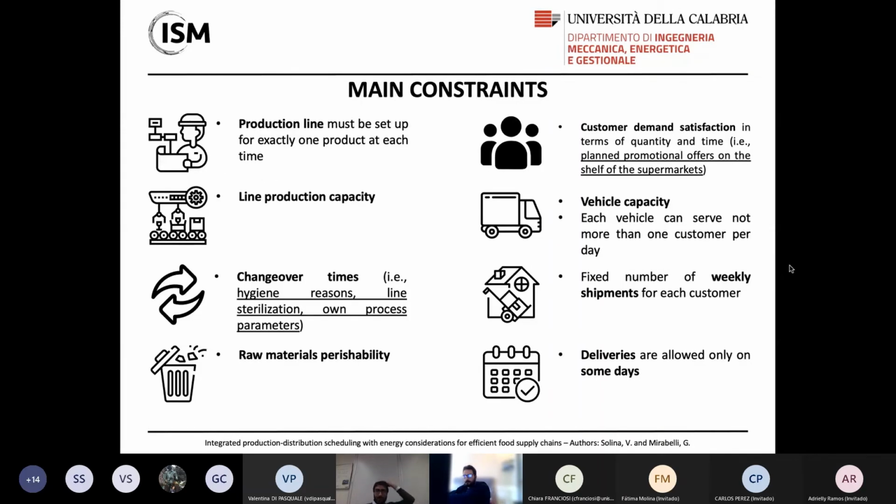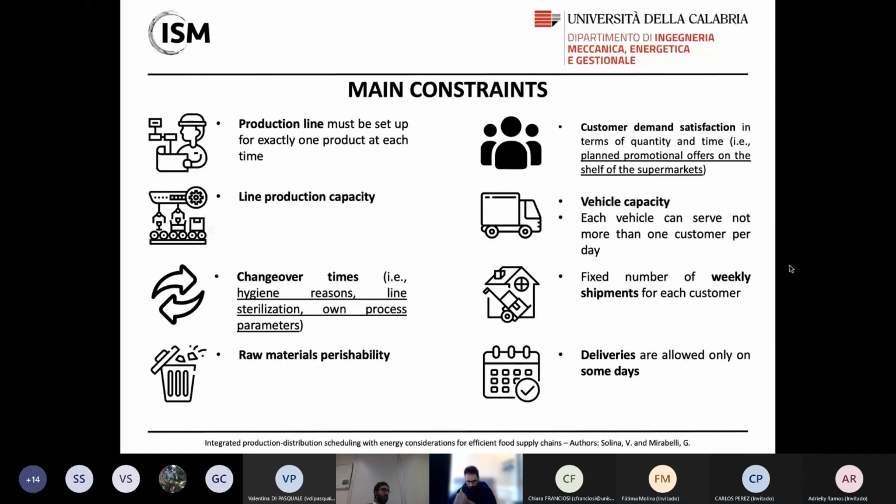What about the main constraints? Then the main assumptions behind the model. The production line must be set up for exactly one product at a time. There is a production capacity for the line. There are some changeover times in the sense that if I decide to produce the same product for each slot of the day, I have no changeover times.